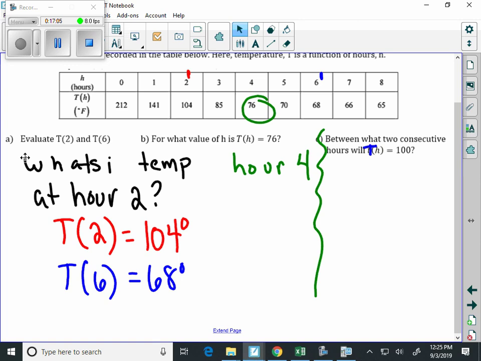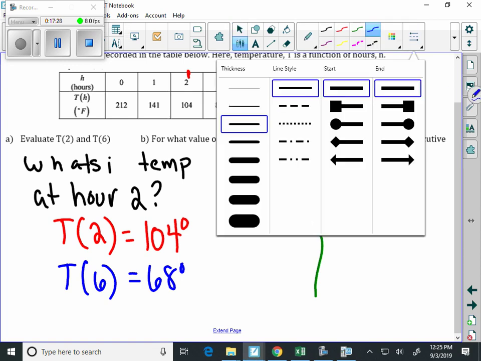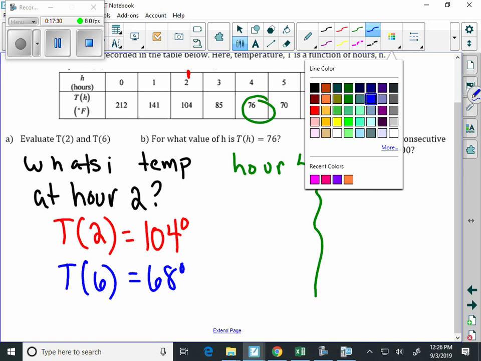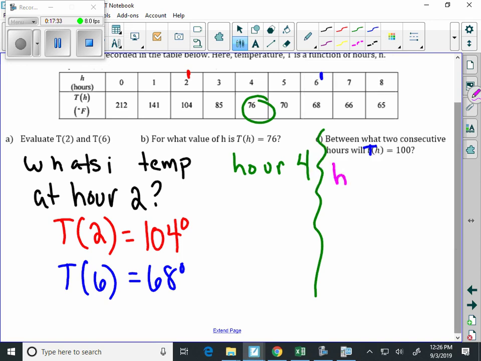Between hours 2 and 3, we go from 104 to 85, and that's what we're looking for. Somewhere in between hours 2 and 3, we will reach 100. When we finish with hour 3, we'll be less than 100, but beforehand, somewhere in between 2 and 3 hours.